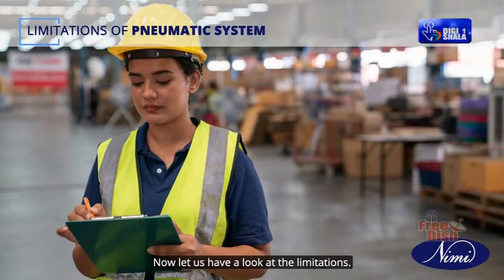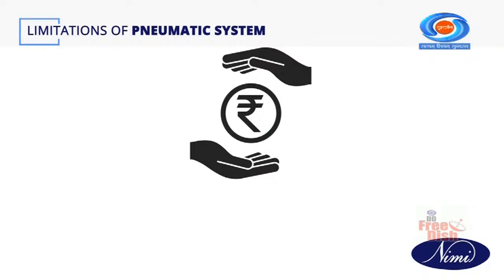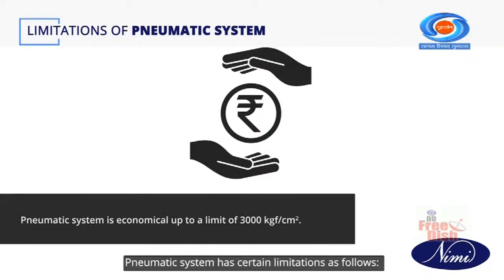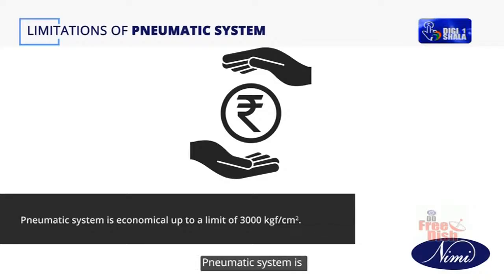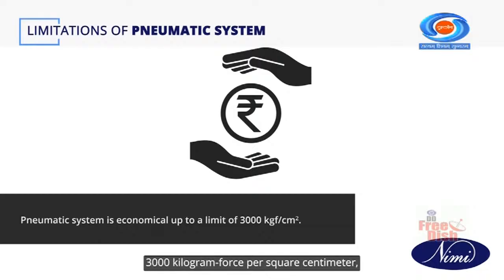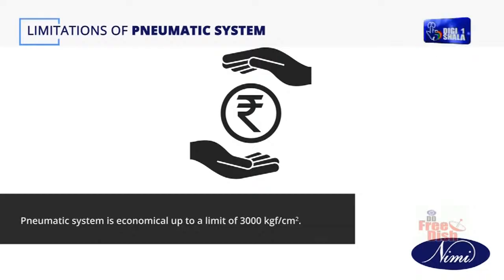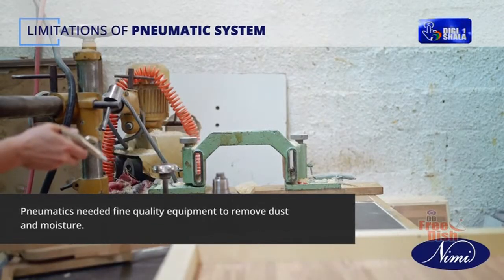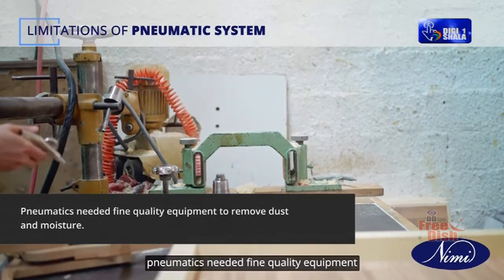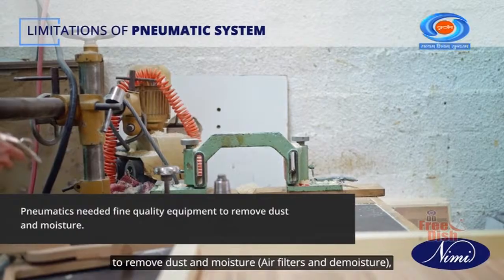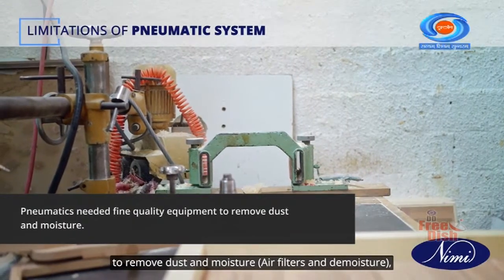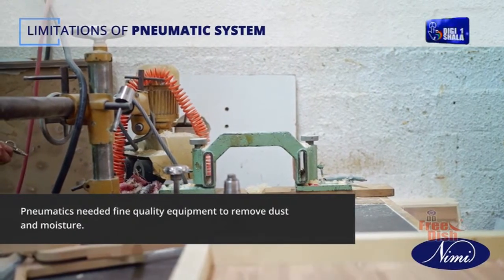Now let us have a look at the limitations. A pneumatic system has certain limitations as follows. A pneumatic system is economical up to a limit of 3000 kg force per square centimeter. Pneumatics needs fine quality equipment to remove dust and moisture, such as air filters and dehumidifiers.